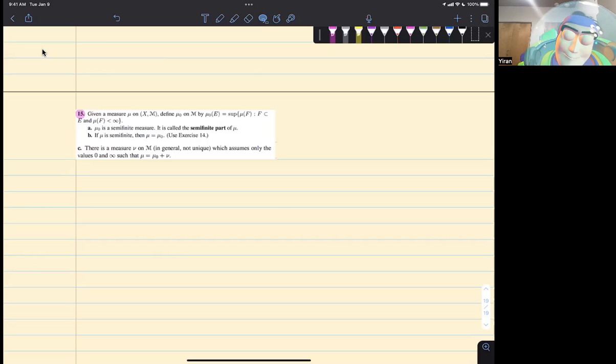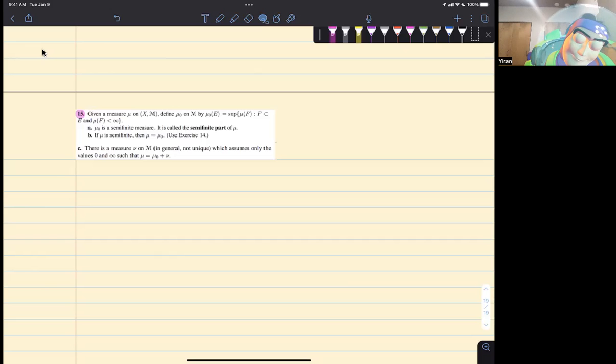And let's go back to our goal and see if we achieve it, and I think so, right? Hence, mu(F) is smaller or equal than this, smaller than this, for all F in E, mu(F) smaller than infinity.